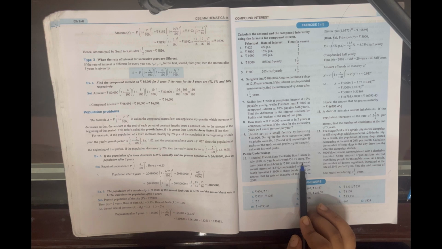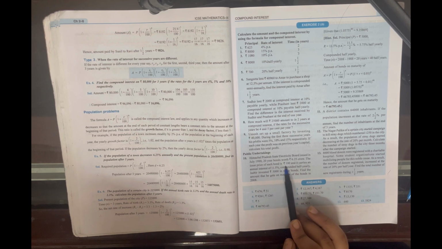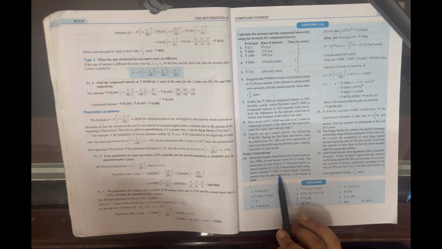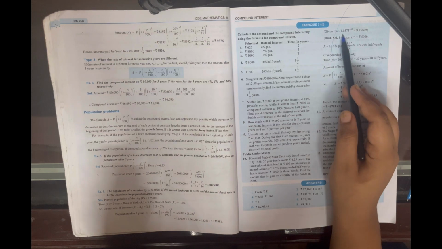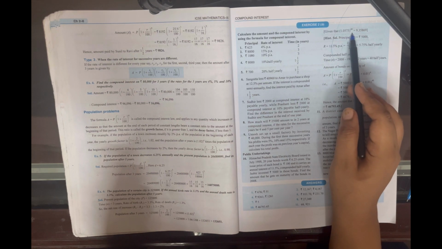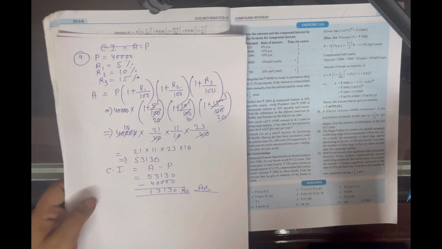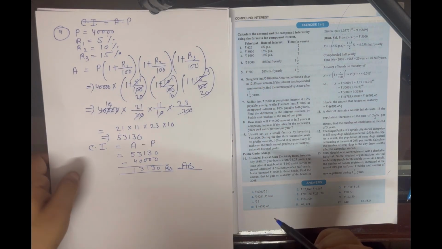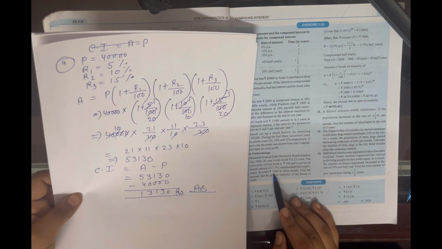The issue price of each bond is rupees 100 and it carries an annual interest at 11.5% compound half yearly. Jasbir invested rupees 5,000 in this bond. Find the amount that he gets on maturity of the bonds in 2008, and you are given the value of 1.0575 raised to power 40 is 9.35869. So here your principal is 5,000.